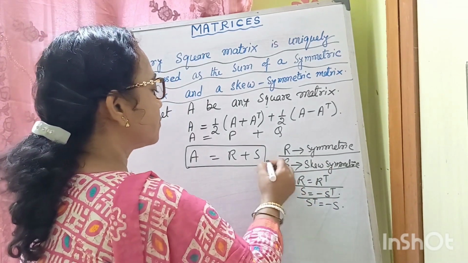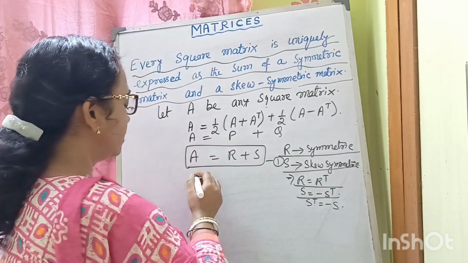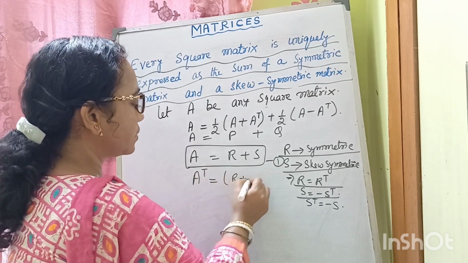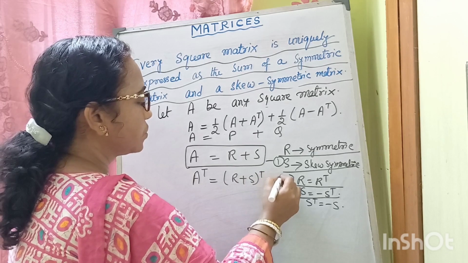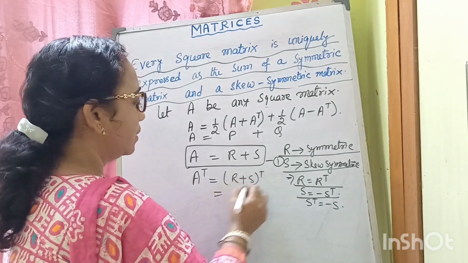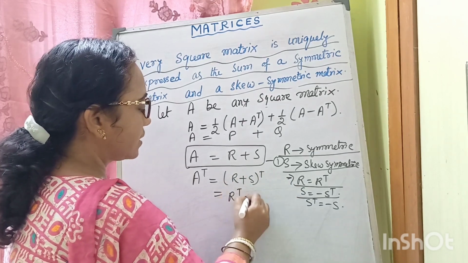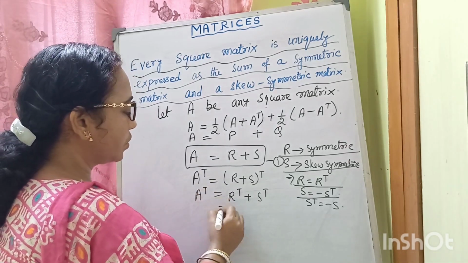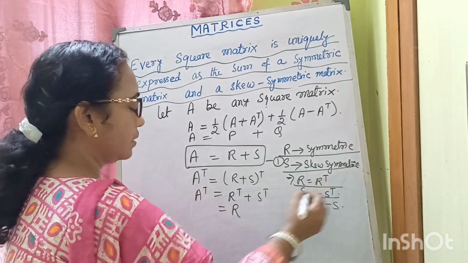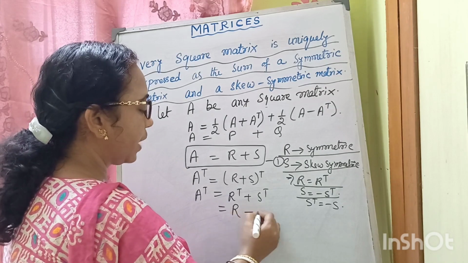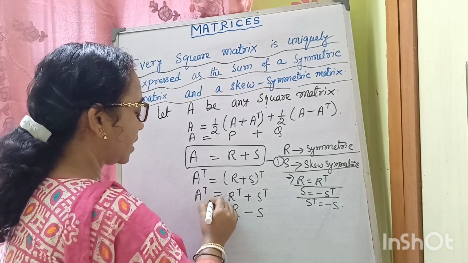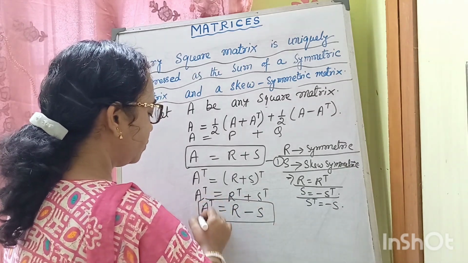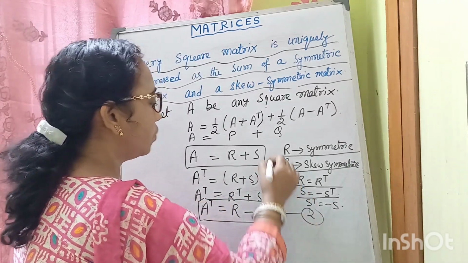Now let us find the transpose of the matrix. Taking transpose on both sides, A transpose is equal to R transpose plus S transpose. R transpose means R and S transpose means minus S. So A transpose is equal to R minus S. Now we add equations 1 and 2.